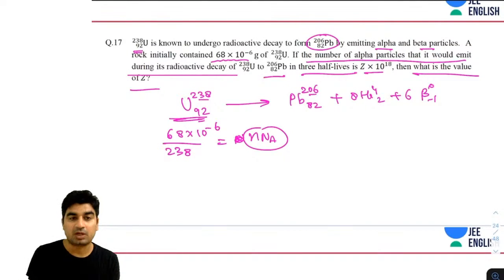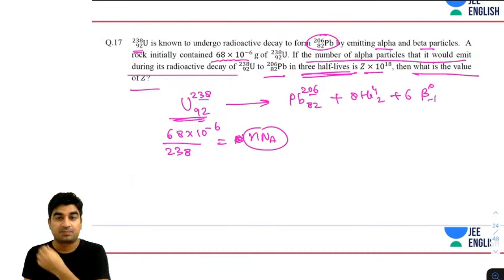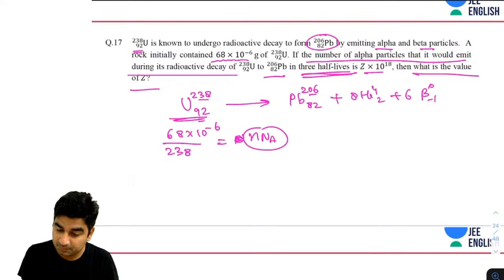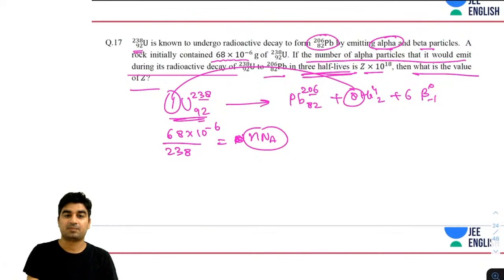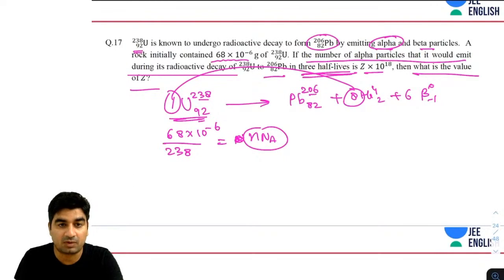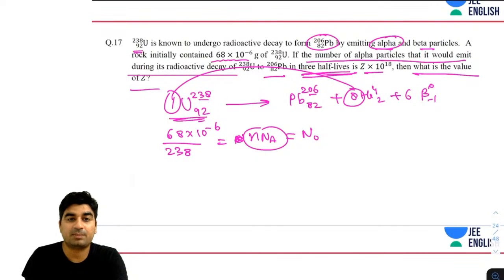So once you are getting the total number of atoms, it says 3 half-lives. So during its radioactive decay in 3 half-lives, number of alpha particles. So one particle of it will give you 8 alpha particles. So how many number of particles are you going to get? First of all, guys, if it is N naught, how many particles will have reacted after 3 half-lives?